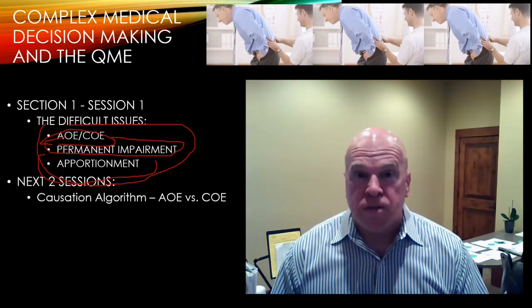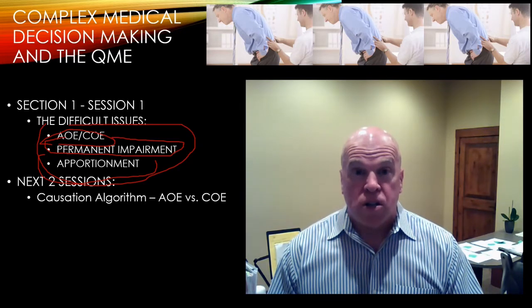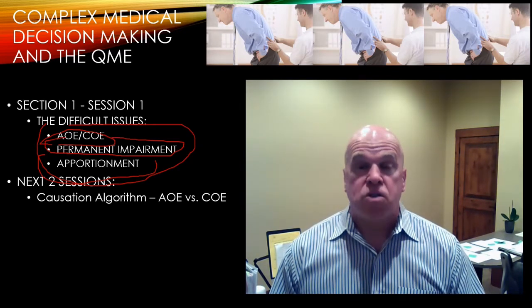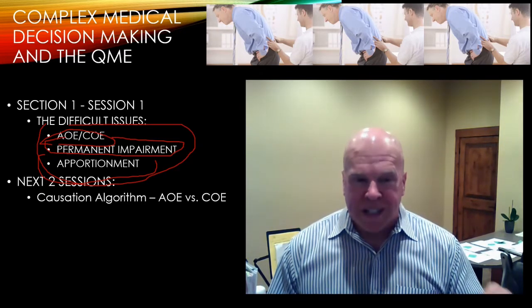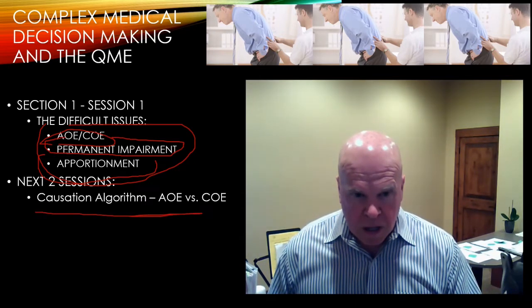And qualified medical evaluators tell me that arriving at a correct determination is very, very difficult on these cases. And I shared with you some exact tools known as the causation algorithm that will help you.